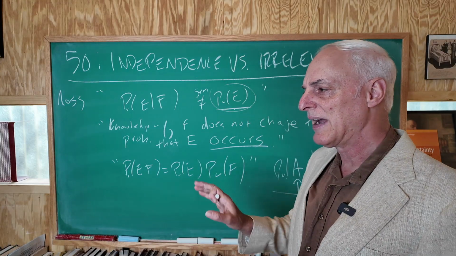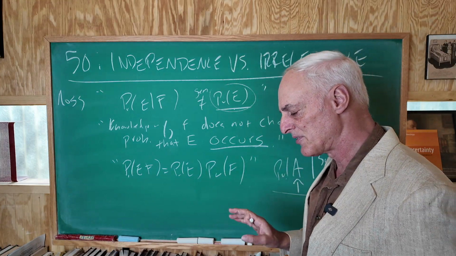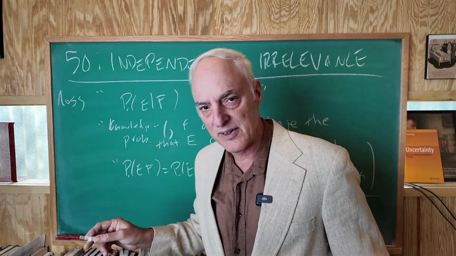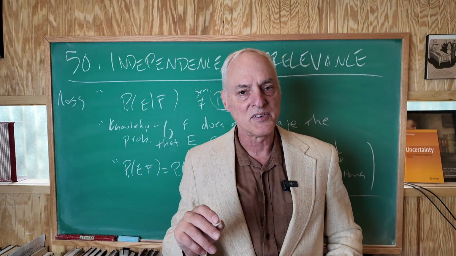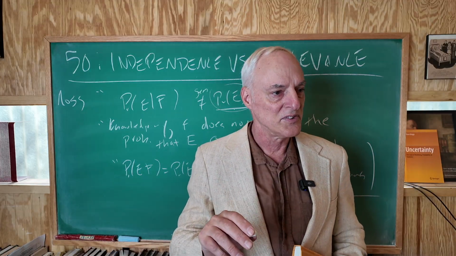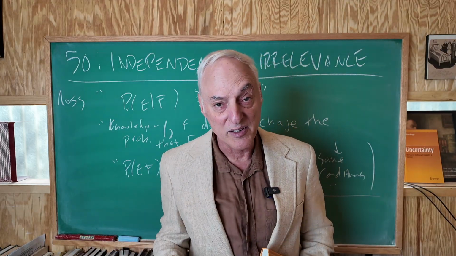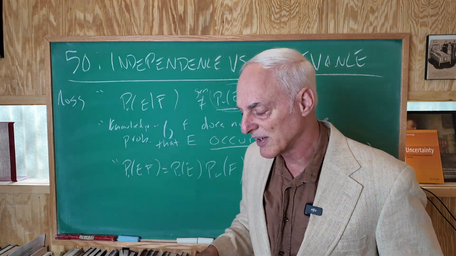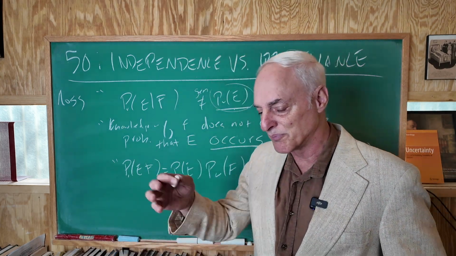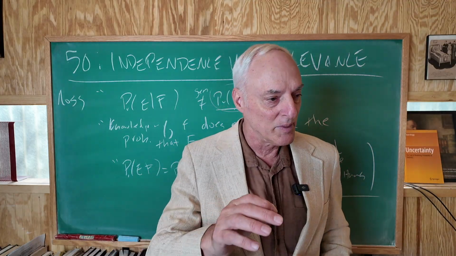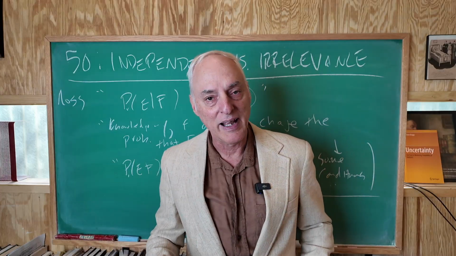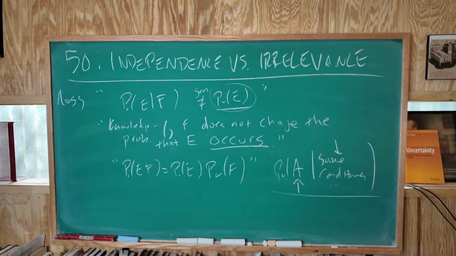Well, he has a slight bias towards empiricism here, which is to say he's thinking of propositions E that are entirely empirical. That is to say, they exist in the real world. It's a measurement of a physical thing, like a dice throw, or a coin flip, or blood pressure, or anything you can think of. But it doesn't have to be that way, of course. The E and F could be absolutely anything we like.